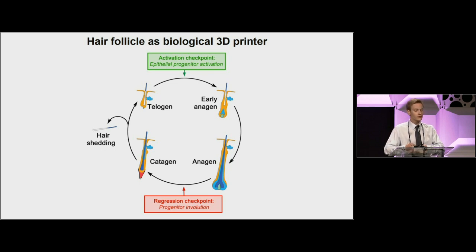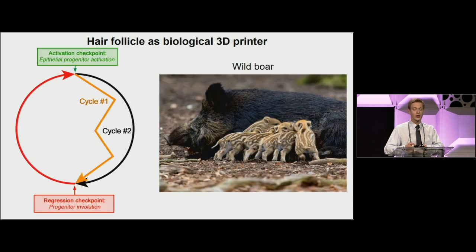This is well represented on the next slide, where the same hair follicles in juvenile and adult mammals in many species, such as the wild boar, can produce very distinct hairs in terms of length, texture, as well as color. It all relies on reprogramming of the hair follicle program, which we still poorly understand.